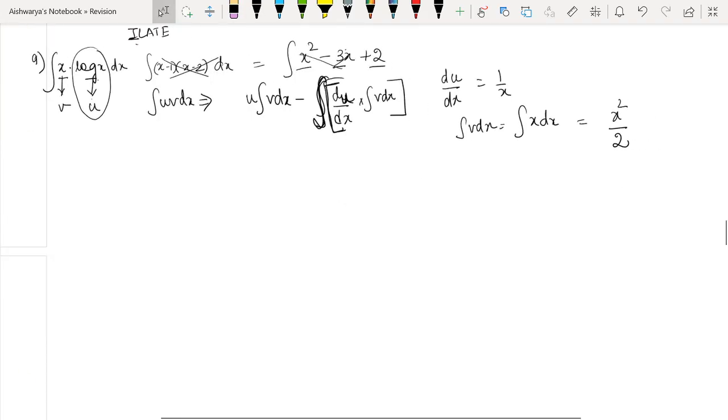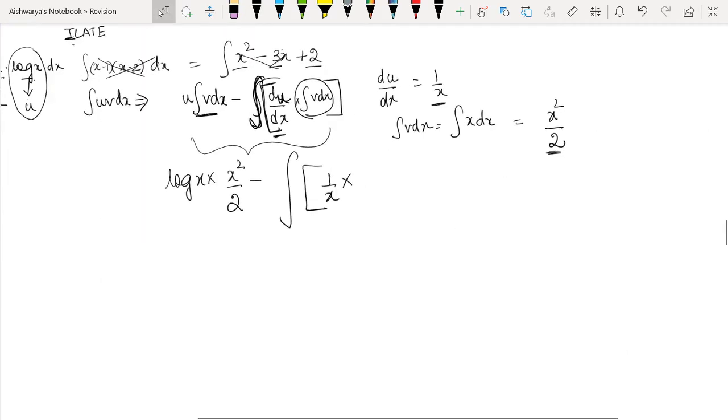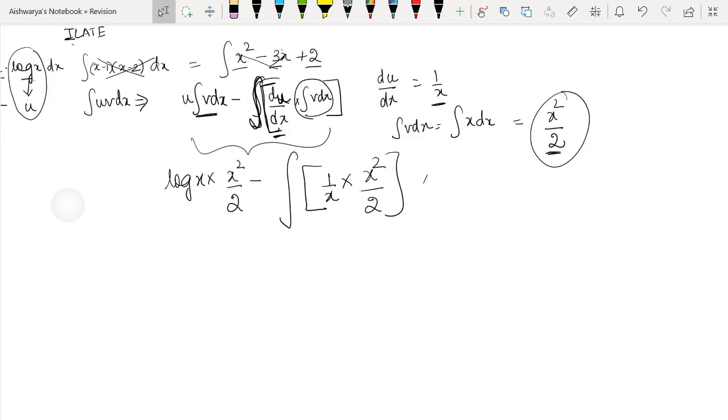Okay. So now let us substitute in this particular formula. In this formula, u value is log x into integral v dx is this value, that is x square by 2, minus integral, open the bracket, du by dx. Du by dx is 1 upon x into integral v dx, v dx value is x square by 2. So x square by 2 you have, close the bracket, put the dx here.